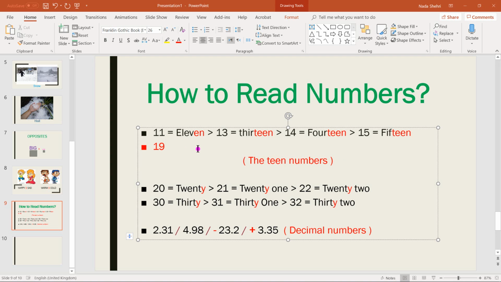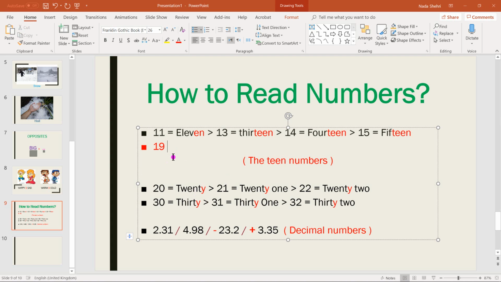So remember 11, starting with the n sound here. So 11, 12, skip it for now. 13, 14, 15, 16, 17, 18, 19. So these are the teen numbers. Whenever you see N or teen, remember to match it with numbers from 11 to 19. What about 20?